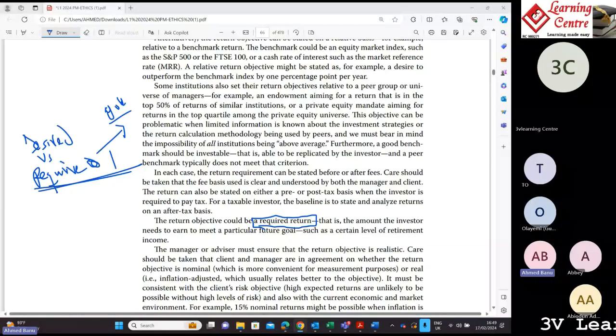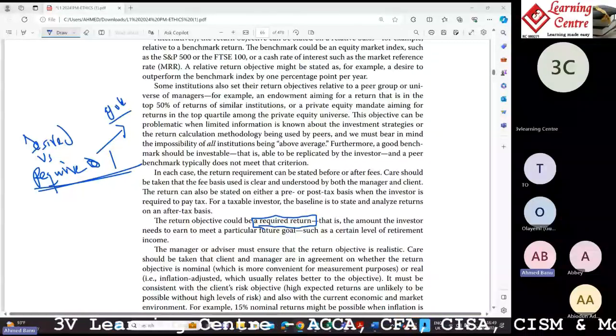So required return is the amount that the investor needs to earn to meet that particular future goal, or the return that the investor needs to earn on that investment to achieve that particular investment goal.